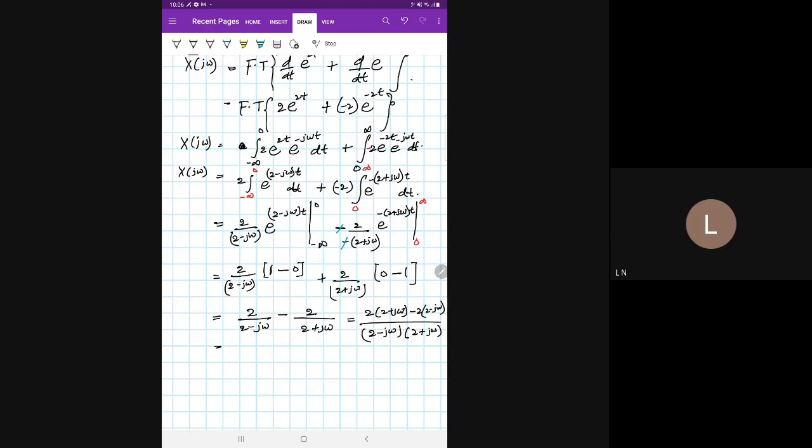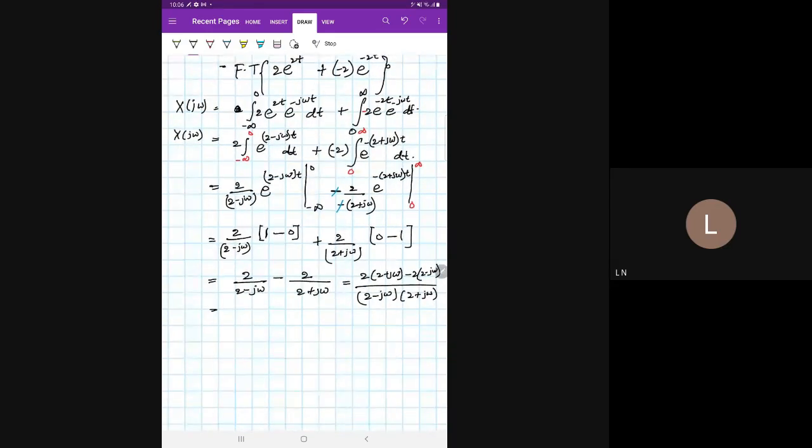Now see, in the numerator, once we simplify it, we'll be having 4 plus 2j omega minus 4 plus 2j omega, and in the denominator, a plus b into a minus b will be equal to a square minus b square. So in the numerator, plus 4 and minus 4 will be cancelled out. We'll then have 4j omega divided by 4 plus omega square.